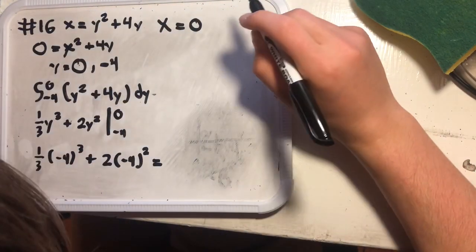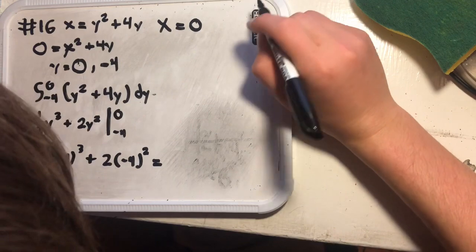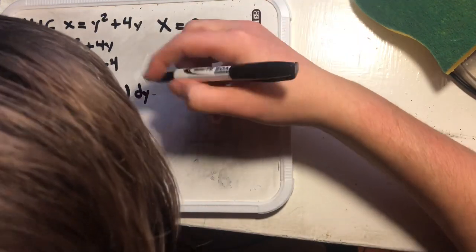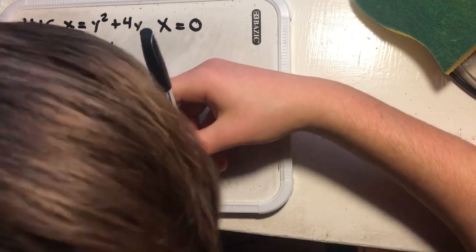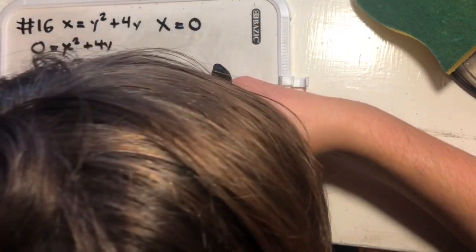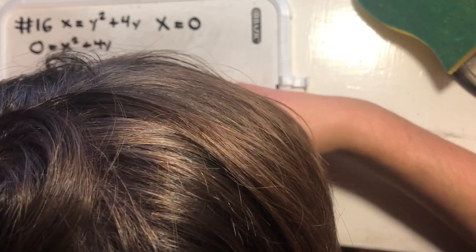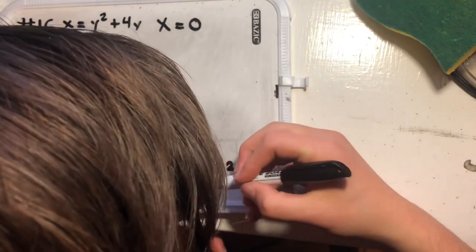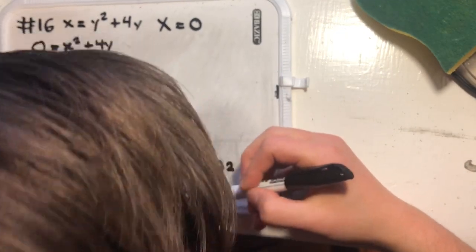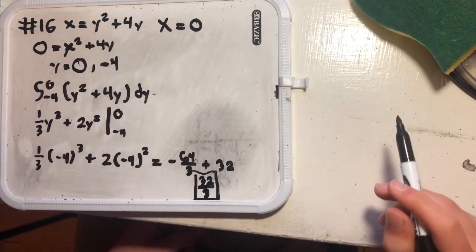This comes out to -64 over 3 plus 32. And that is going to give us around 32 over 3, which is in fact our answer.